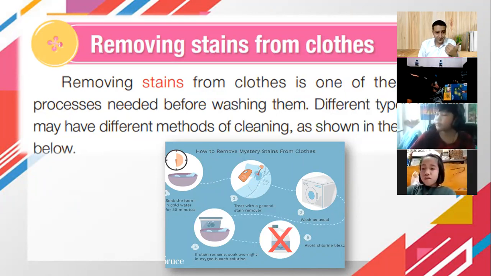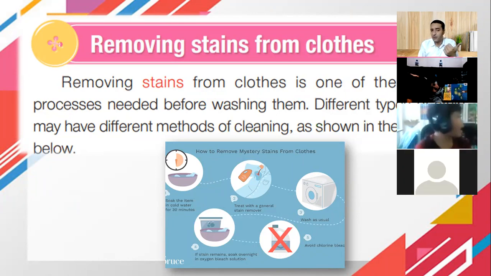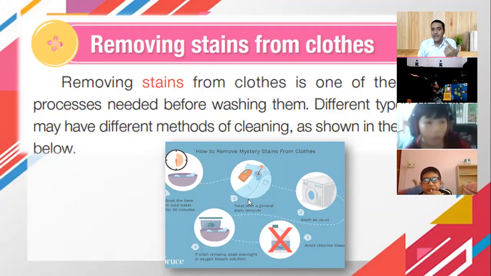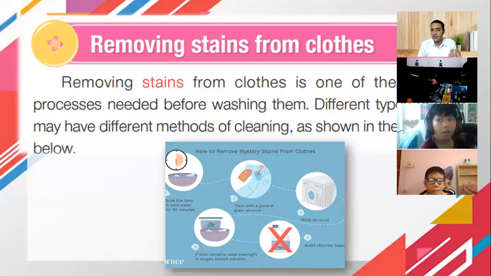Number 1, soak the item in cold water for 30 minutes. Number 2, treat with general stain remover. And number 3, wash as usual, either by hand or in the washing machine.